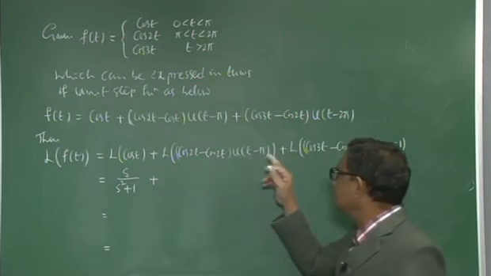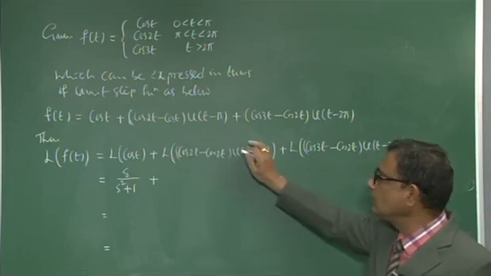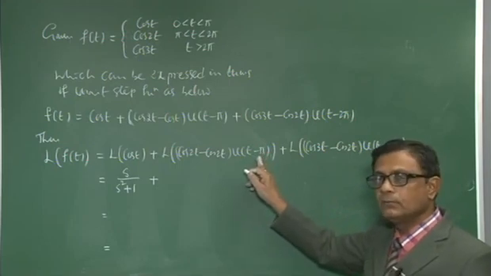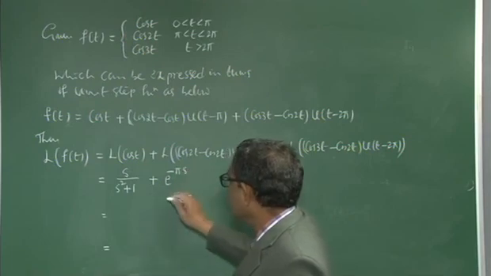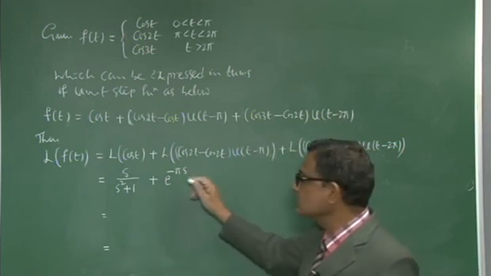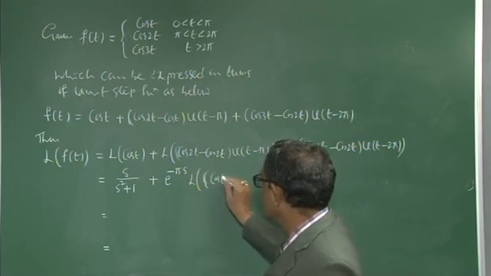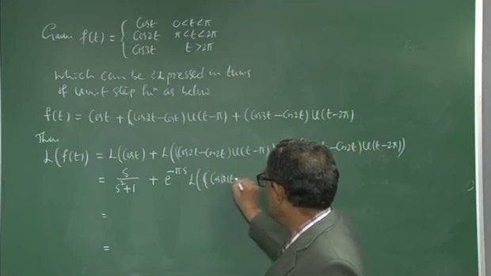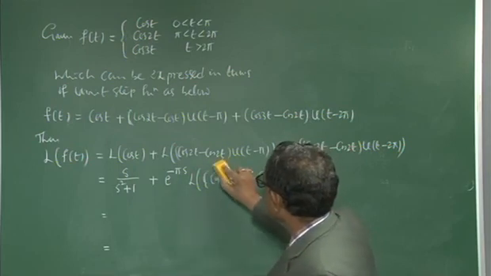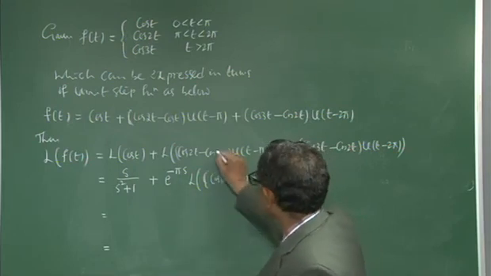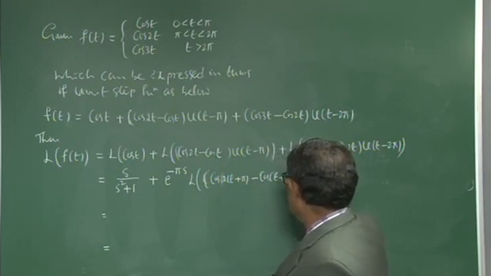Now, the second and third terms, the function is multiplied by the unit step function u of t minus a, here pi. You have to use the second shifting property, e raised to minus a s, here pi, then L of cos 2 into t plus pi, minus the first function cos of t plus pi.